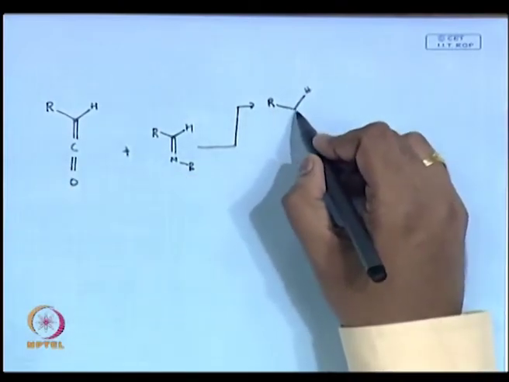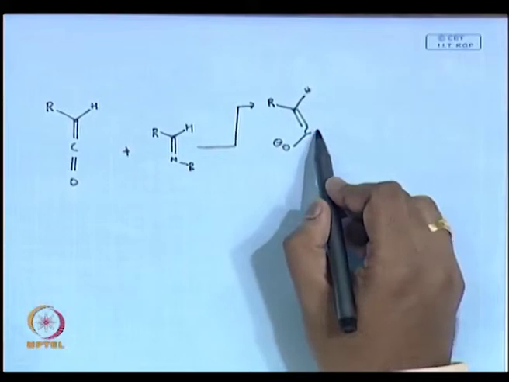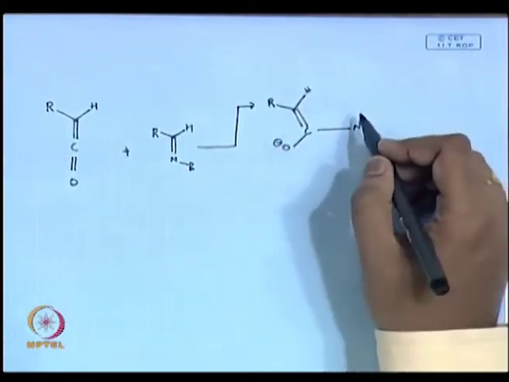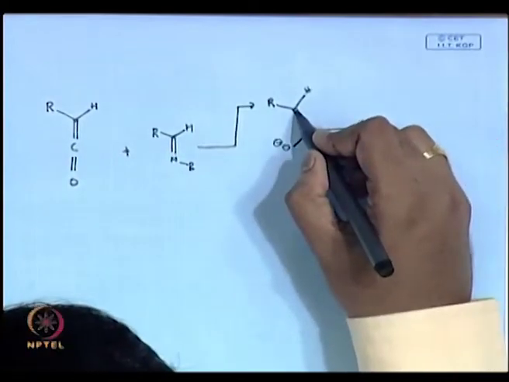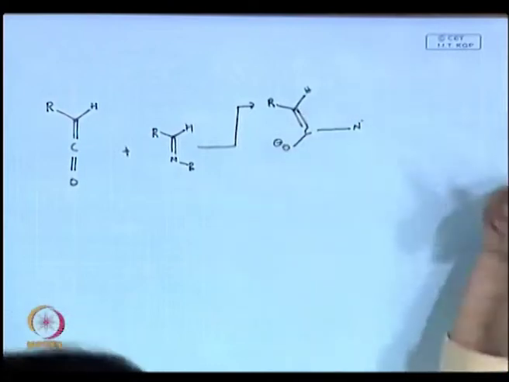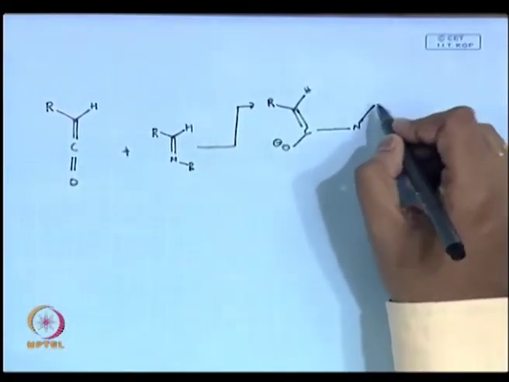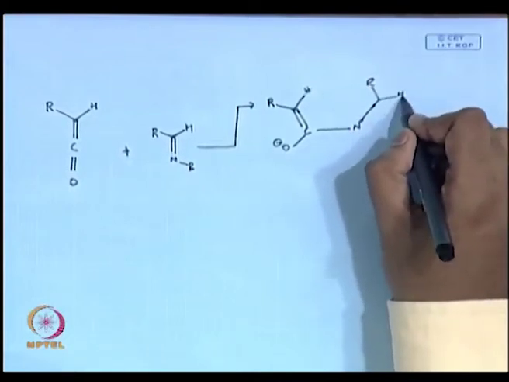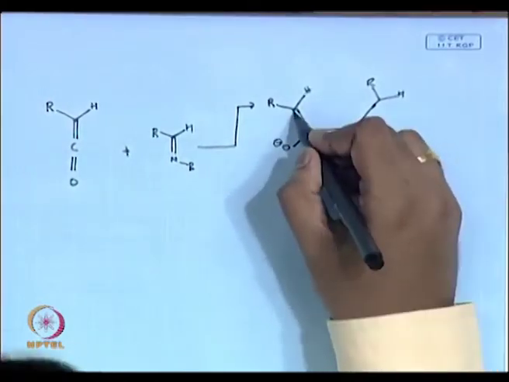Okay. So, I will have my CO minus, this should be a dotted one. I can have my R hydrogen, and I can have my R. This is a single bond.